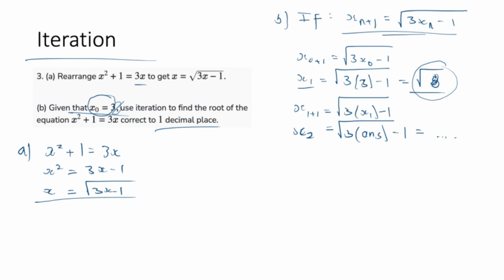The reason why I put ans is that on your scientific calculator, if you have one, there should be an ans button. The ans button is basically a button for the previous answer, the last answer that you entered, or that the calculator calculated, after you press an equal sign. So each time you put an ans, it will load up the last answer.